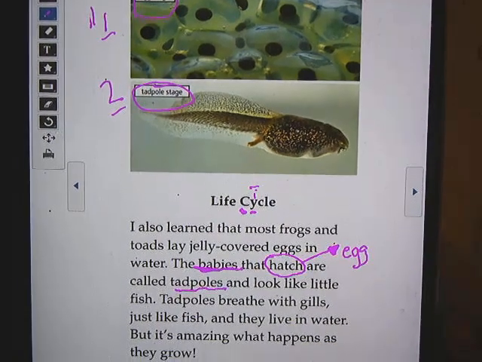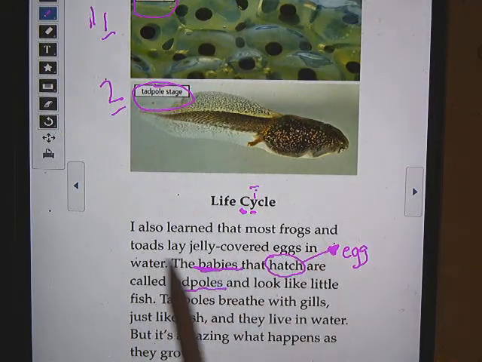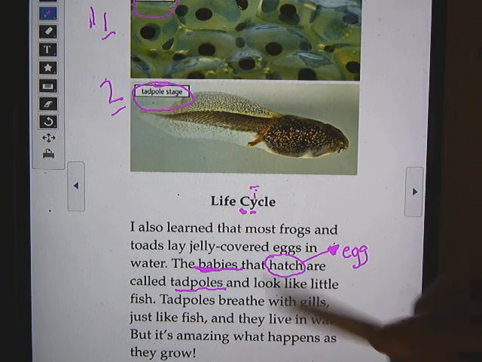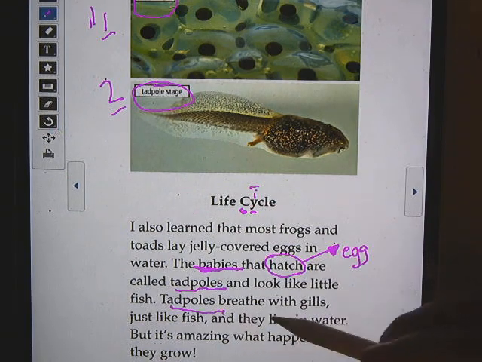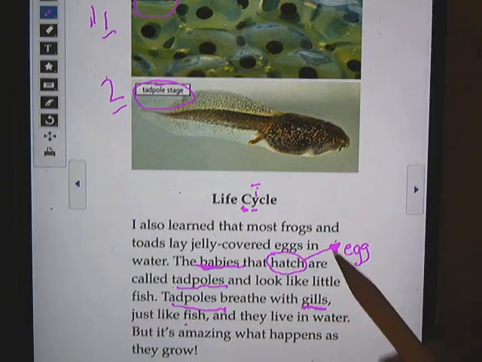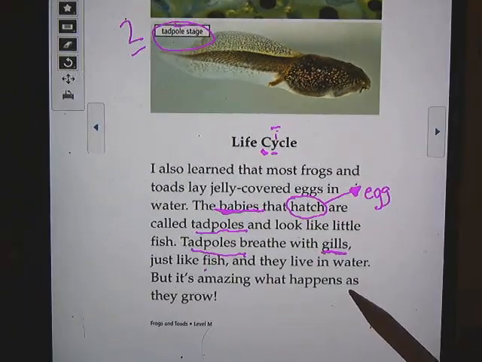It says tadpole. Okay, I also learned that most frogs and toads lay jelly-covered eggs in water. The babies that hatch are called tadpoles and look like little fish. Tadpoles breathe with, so how do tadpoles breathe? They breathe with gills, just like a fish, and they live in water.